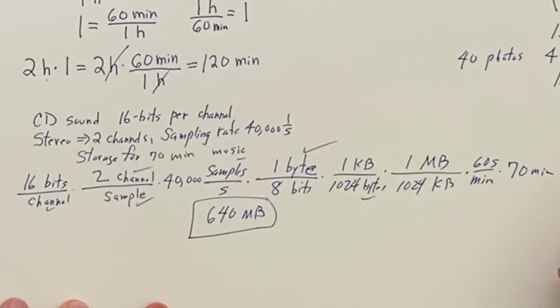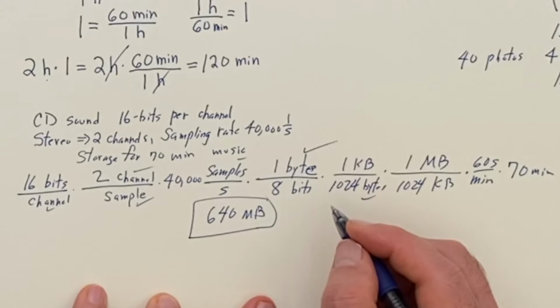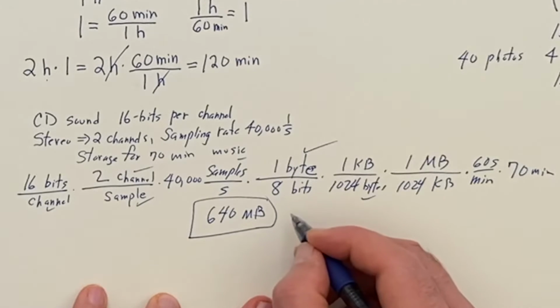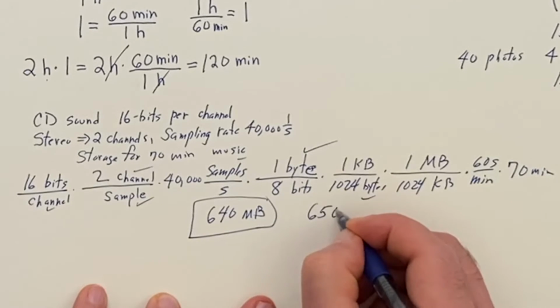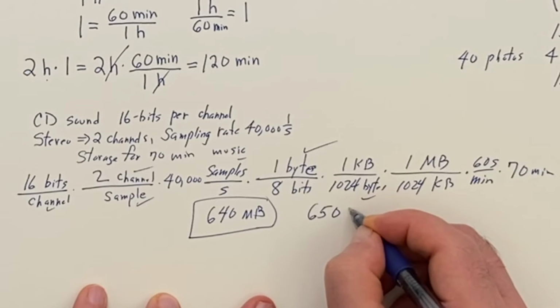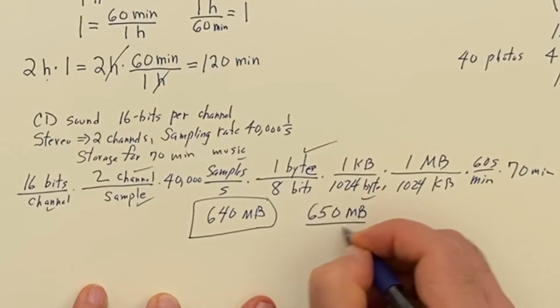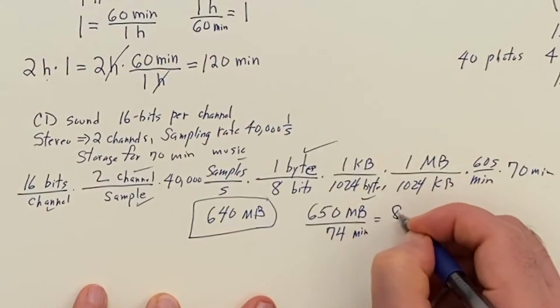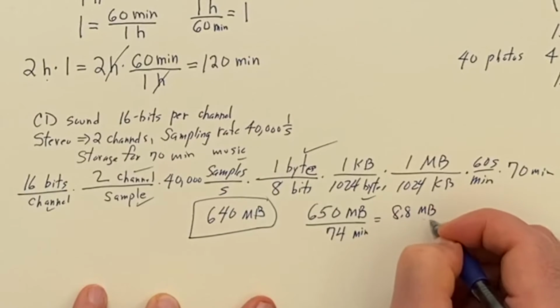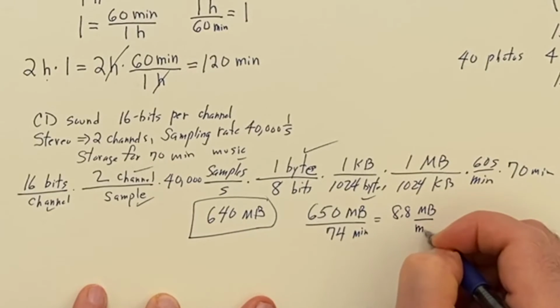We got the result. A CD is about 640 megabytes. That's amazing. And if you look up, you find 650 megabytes for 74 minutes of music, which gives you 8.8 megabytes per minute.